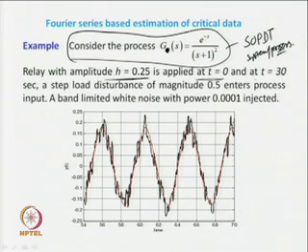Then at time t equal to 30 seconds we also apply a step load disturbance of magnitude 0.5. Now, this plot is not showing the plot from time t equal to 0 to time t equal to 54 seconds. Why have I neglected that?